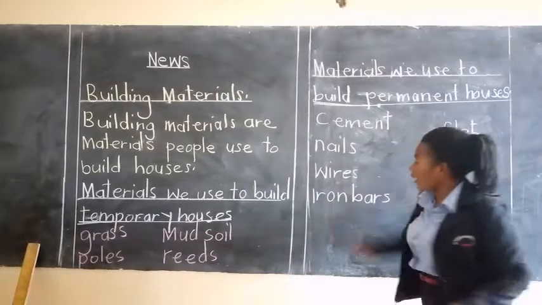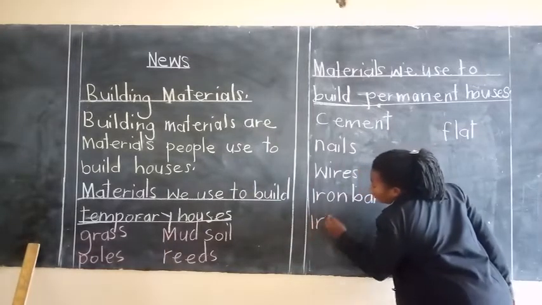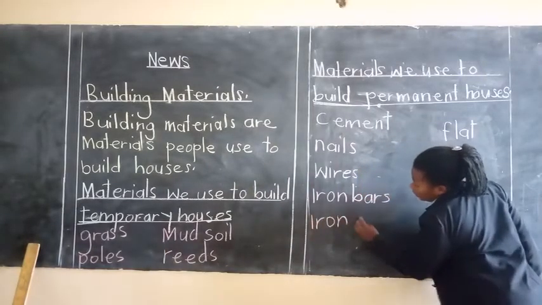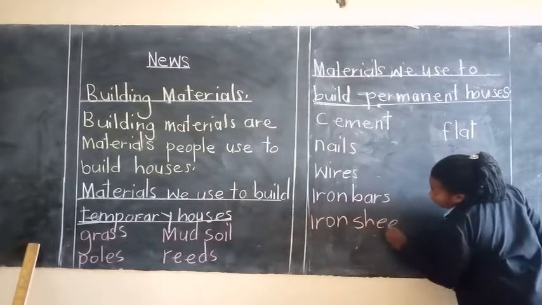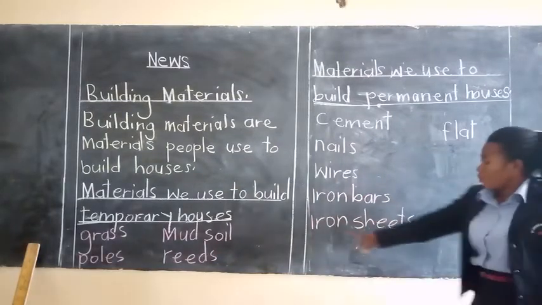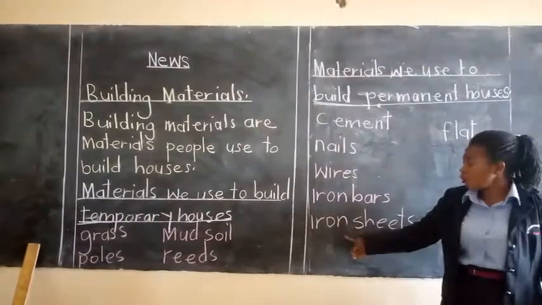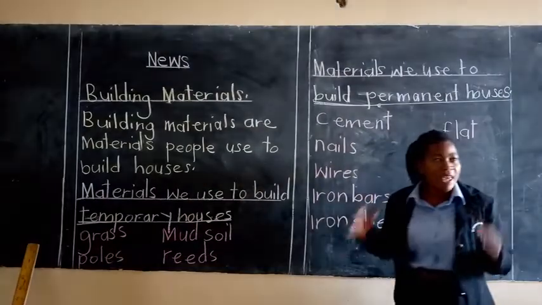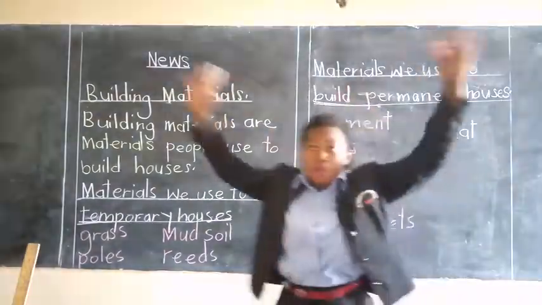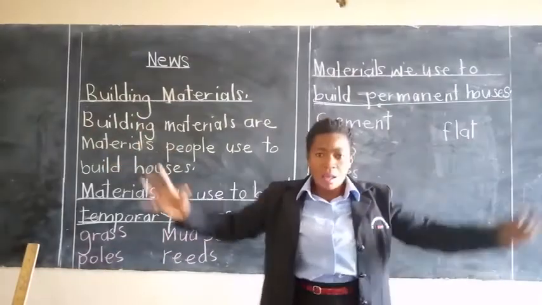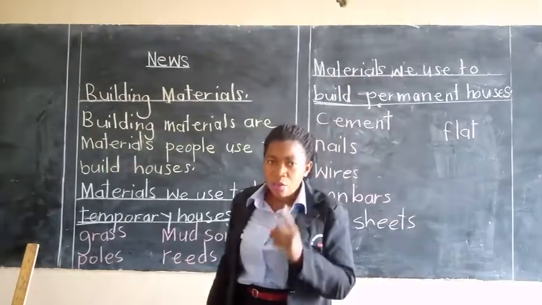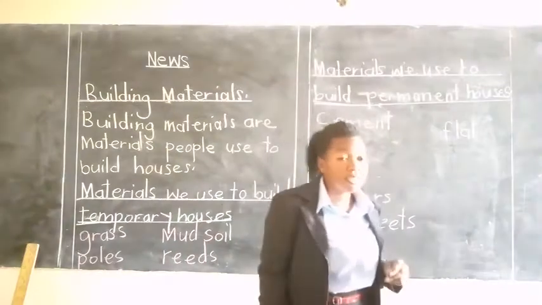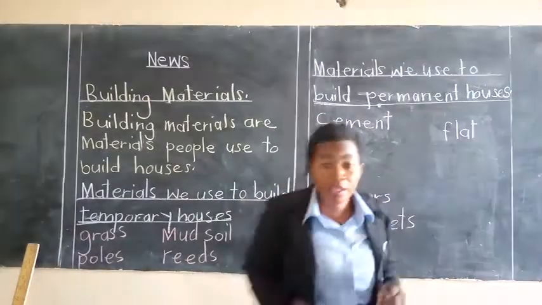And then another one is iron sheets. They make the roof of a house. But they are dangerous. So when you play with them, they can easily cause an accident.